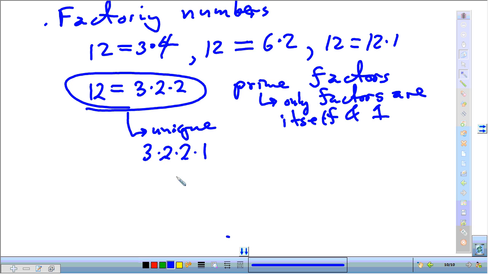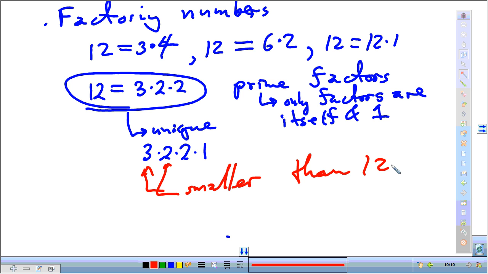It's really still the same factorization. And then in our prime factorization, every factor we write, in this case, is smaller than the original number 12, which would be true as long as the number wasn't prime itself.